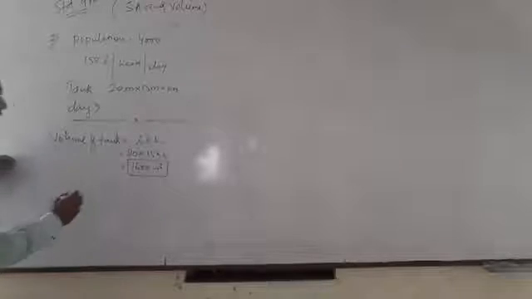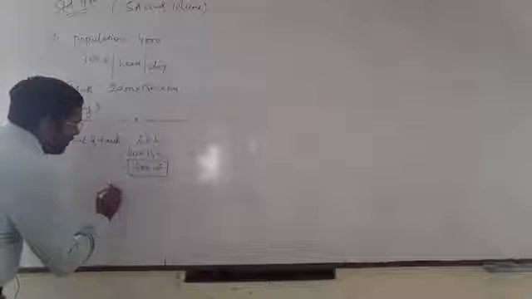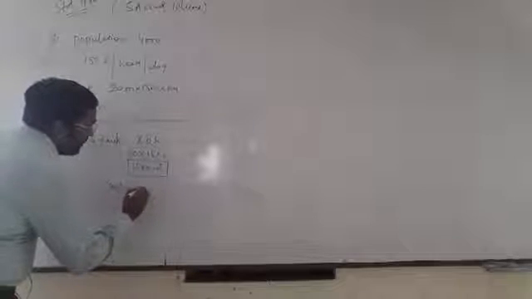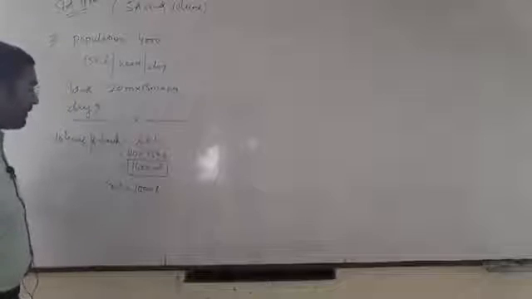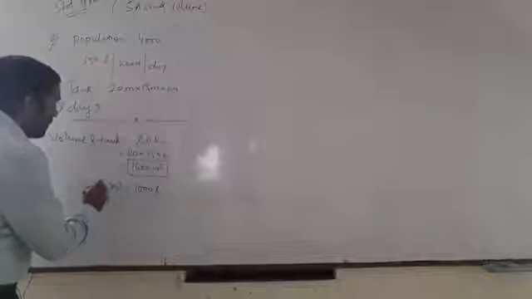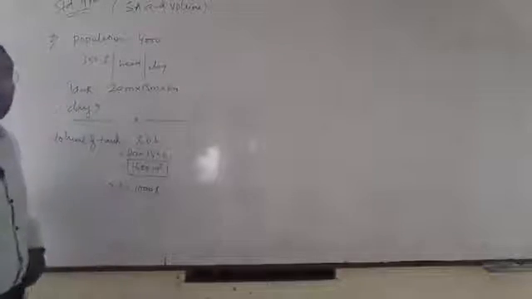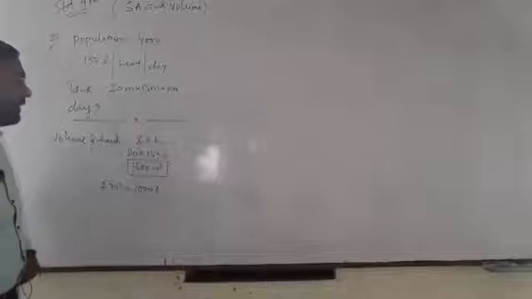So multiply 1000 with the meter cube. The conversion is 1 meter cube equals 1000 liter.